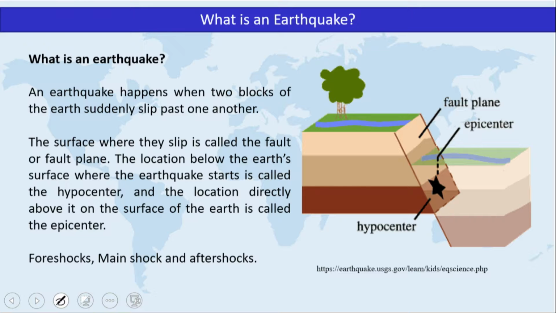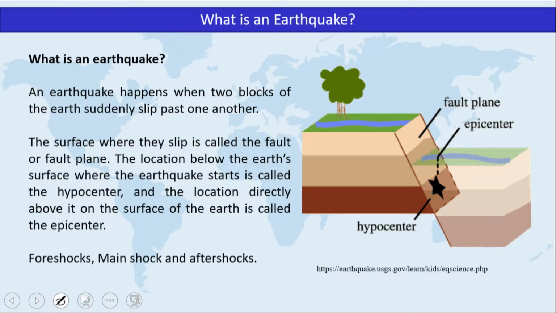Where the earthquake occurs, deep down in the earth or below the ocean floor, that's called the hypocenter. The point which you project up on the surface is called the epicenter. The surface where they slip is called the fault or fault plane.